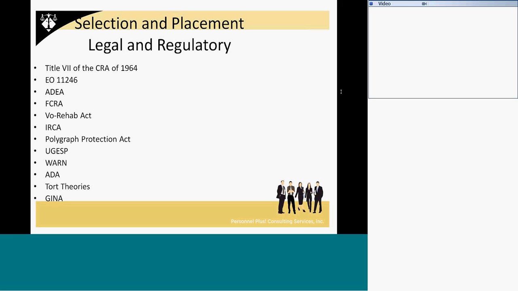The Polygraph Protection Act we don't deal with much in Montana, but as a federal law, it generally prohibits most employers from administering lie detector tests. There are a small group of employers that are exempt, which are federal, state and local governments. And among the employers who are covered, which would be primarily private sector employers, there are 3 exemptions in the law in terms of when you are lawfully able to do polygraph tests.